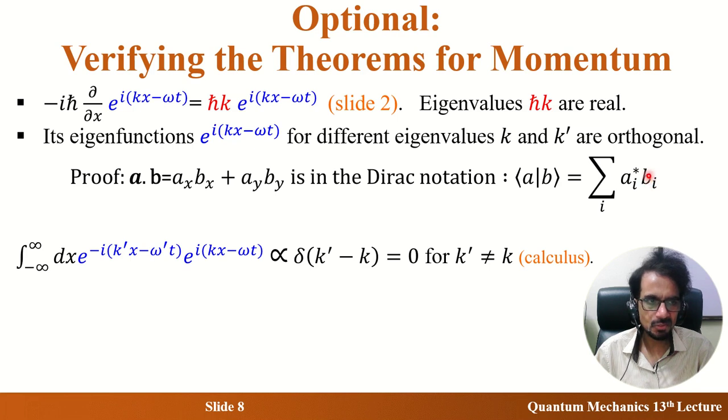Remember what kind of wave function has one wavelength? That is a plane wave. So psi k is a plane wave. For the bra on the left hand side, I have to take the complex conjugate, so iota becomes minus iota. So that's the dot product.